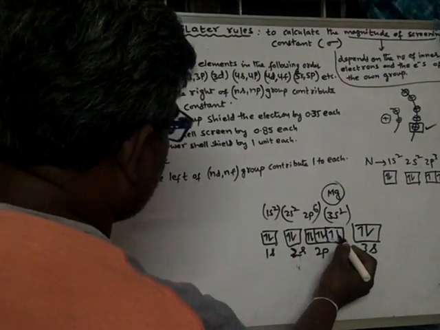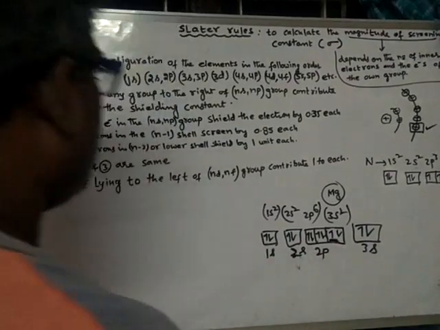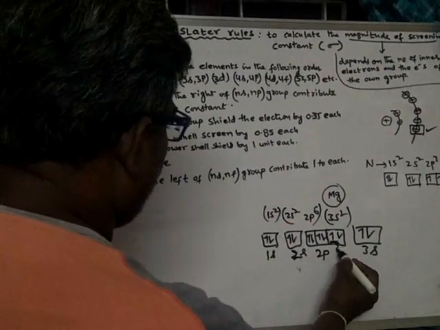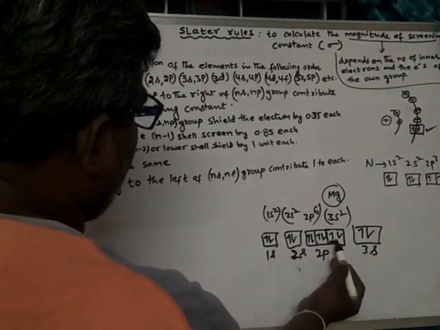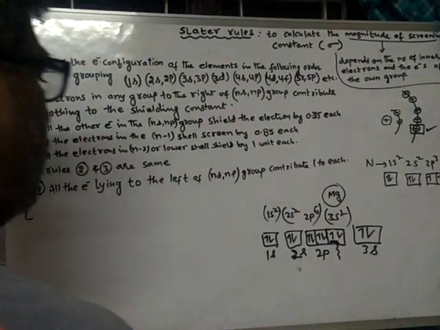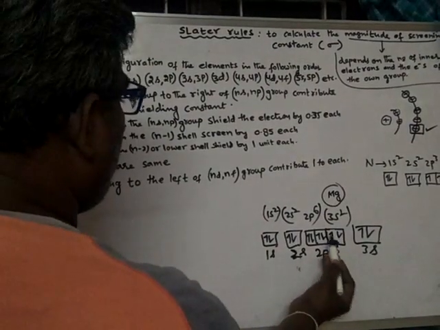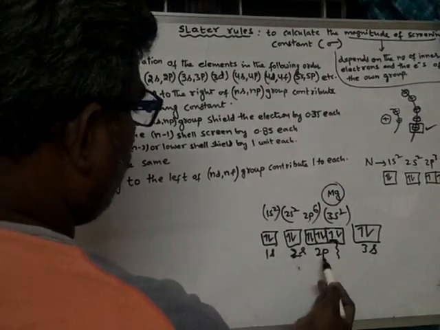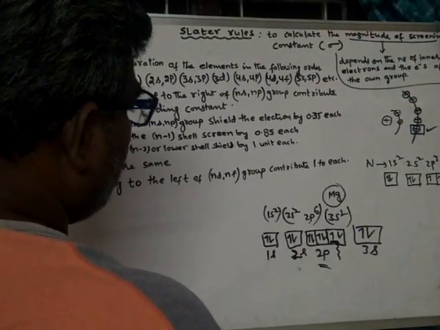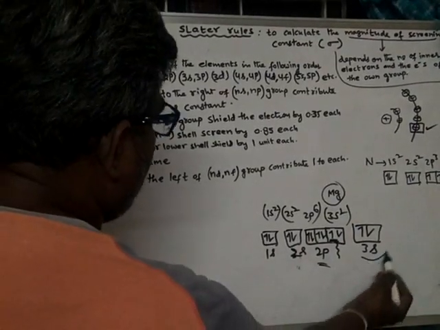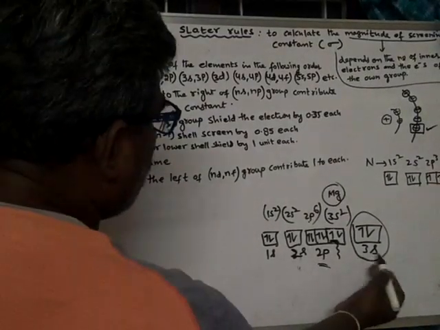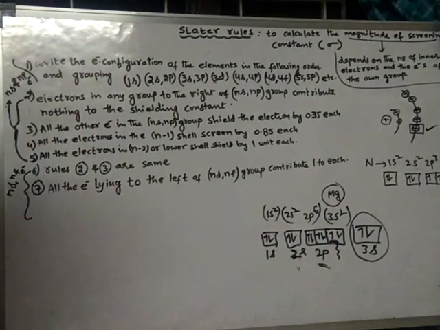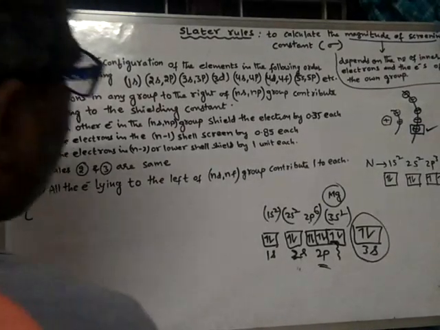To find the screening constant on this electron, I'm putting an arrow here. I want to calculate the screening constant on this electron. This electron is present in this group, 2p is present in this group. Now 3s electrons will not contribute anything. They do not show any screening constant, or else they do not screen this electron.